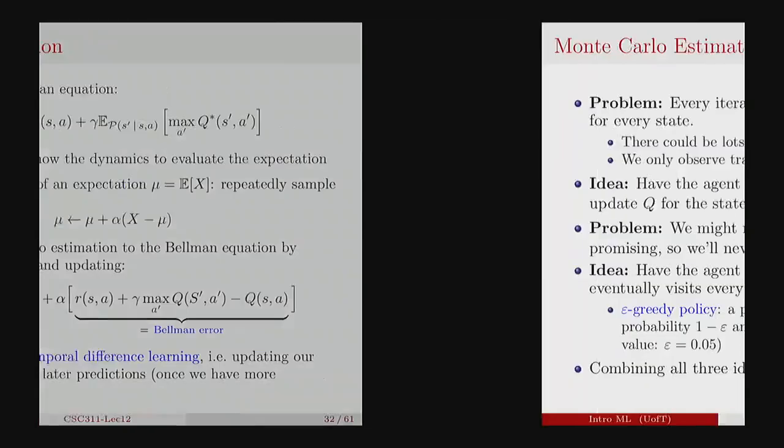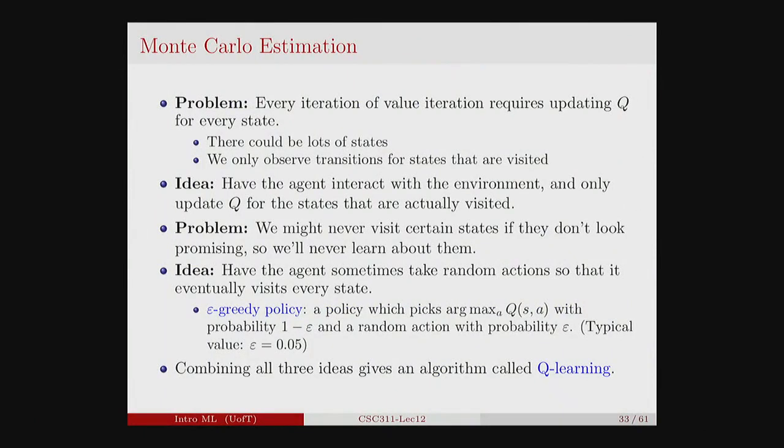And so how would this actually work? Every iteration of value iteration needs you to update Q, but there could be lots and lots of states. For example, in Mario, the state space might be very, very large. And you only observe transitions for states that are visited, which is to say you only know how you get to a new state based on the previous state that you were in.